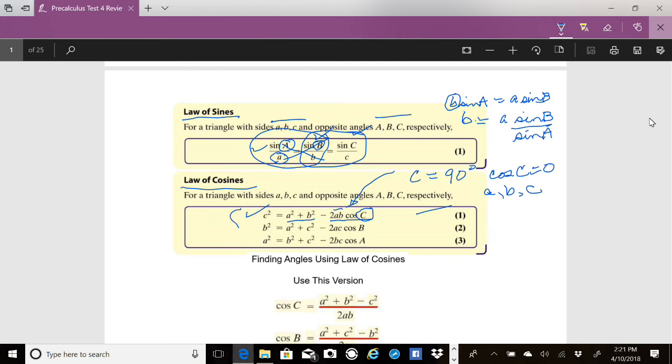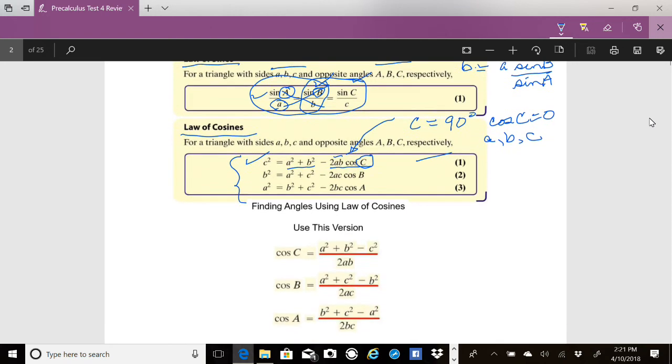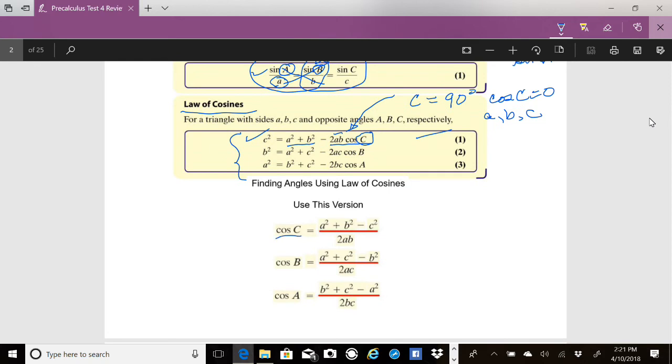Now you can rewrite all of these equations and solve for cosine of C or cosine of B or cosine of A, and this is a very handy formula to use if you have all three sides given and want to calculate any of the angles. For instance, cosine of C is equal to A squared plus B squared minus C squared divided by 2AB. So these are going to be coming in very handy, and you need to work a number of problems so that in a given situation you will use the correct formula.